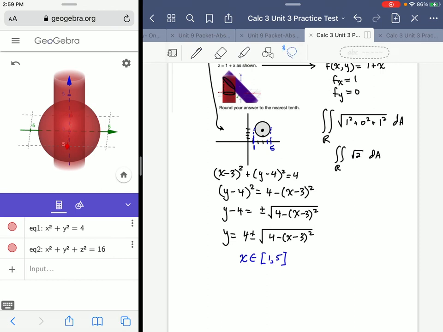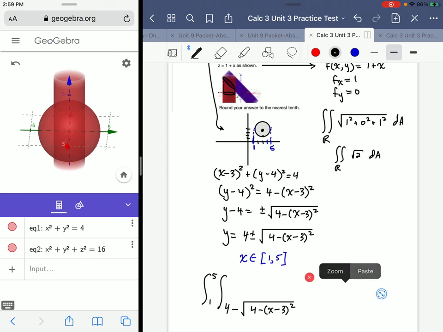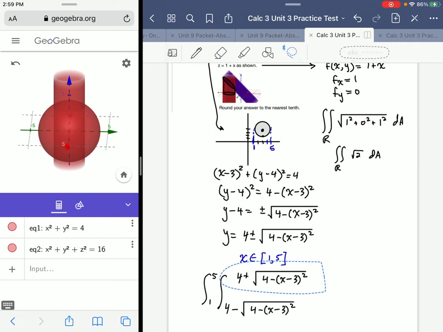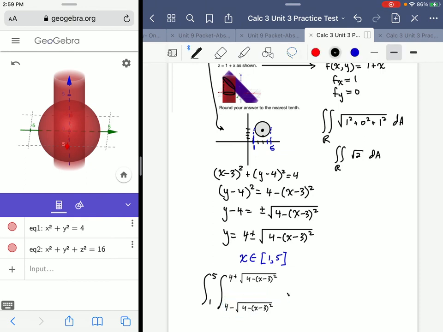If you don't mind doing some typing, then you can pop this right in and come up with the double integral over the interval of 1 to 5, 4 minus 4 plus, then we have a radical 2 dy dx.